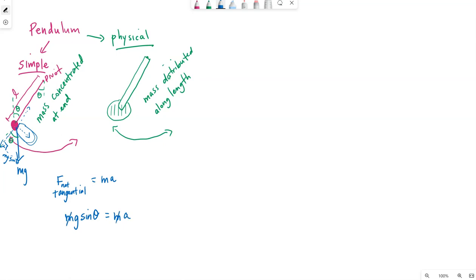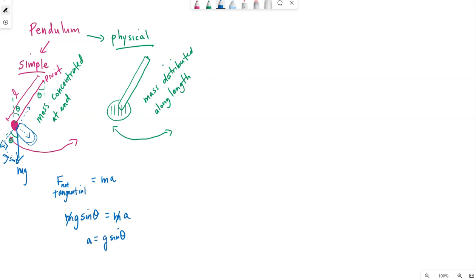The mass cancels. So the acceleration of the pendulum is going to equal g sine theta. Now this is in terms of magnitude. The direction is going to depend upon where in the motion we're talking about.